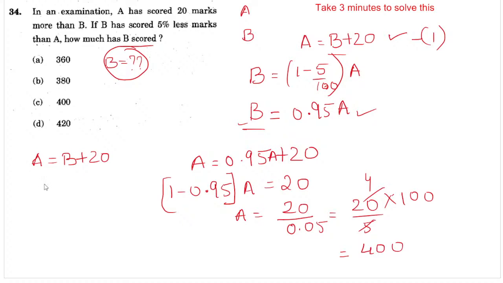So A is 400. This implies that B is equal to 380. The correct answer is option B.